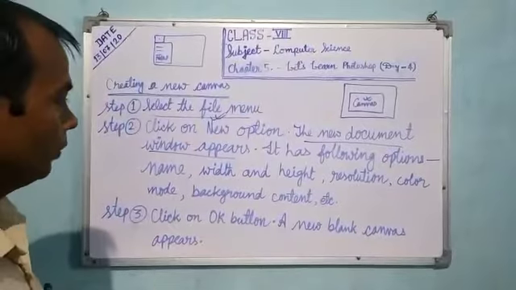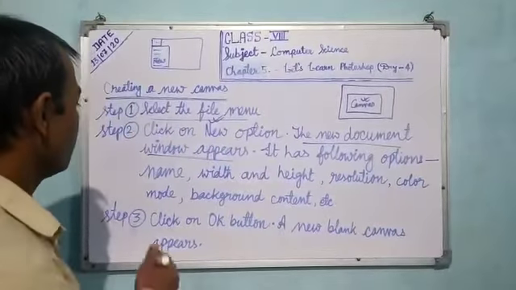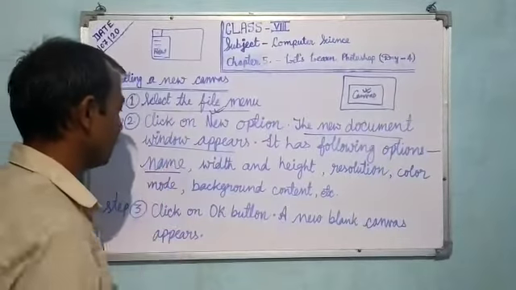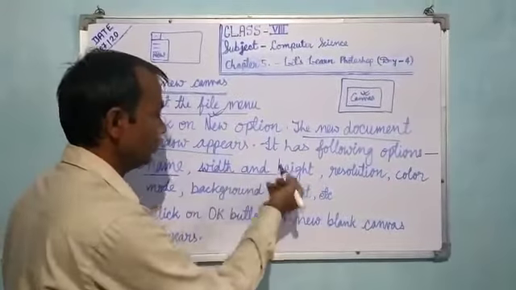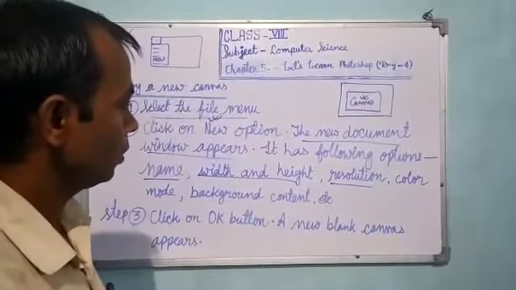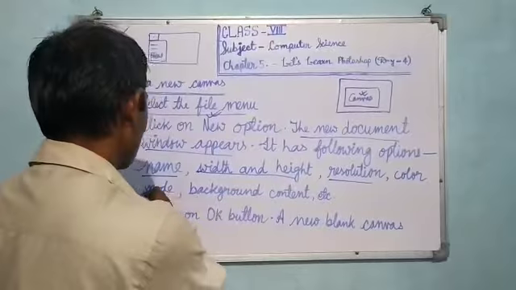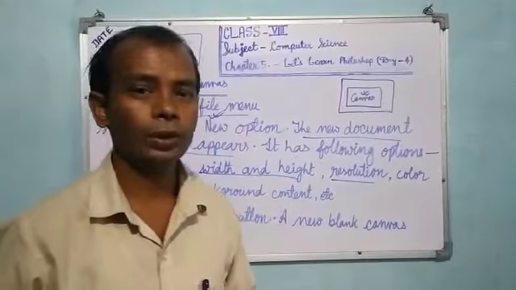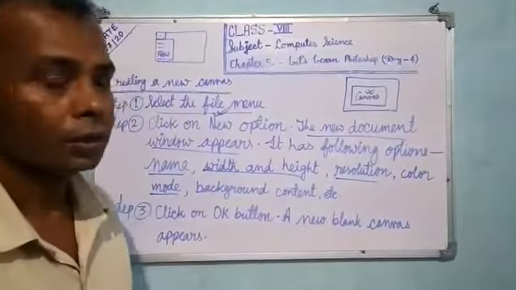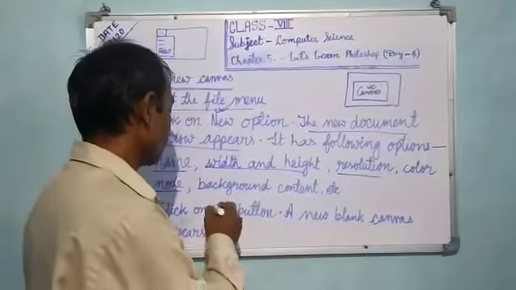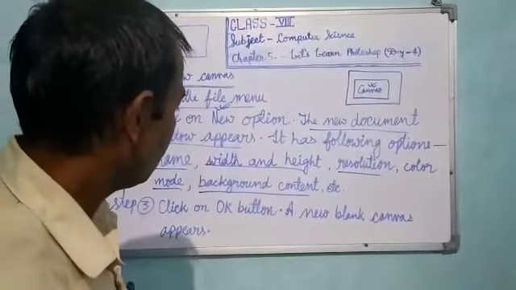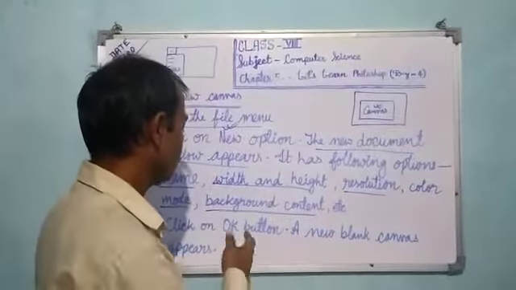And in that window we have the following options. The Name option is here, meaning what would be the file name. So we have to assign the name of the file, width and height of the canvas, resolution of that canvas, color mode, which color we want for the canvas, either RGB mode or CMYK mode. Background contents, which type of background we want, either transparent background or white background, black background.